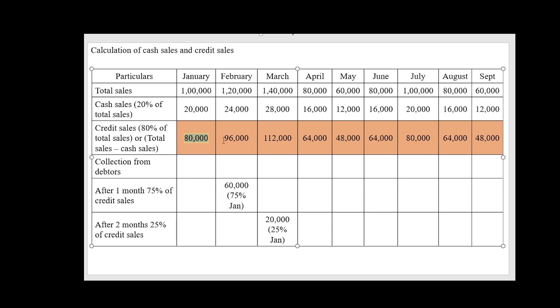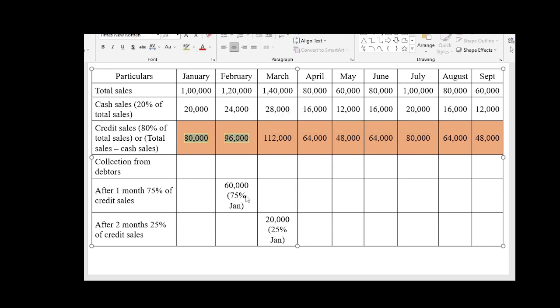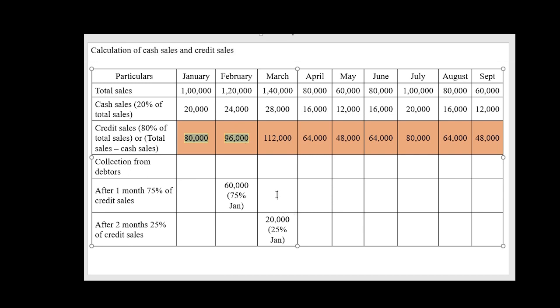Now, February sales is 96,000. Of this 96,000, 75% you're going to receive in the month of March, pertaining to February. The rest 25%, you're going to get in the month of April.